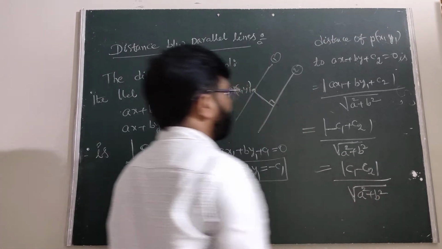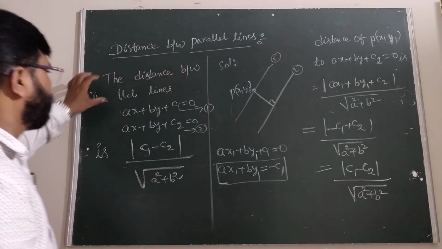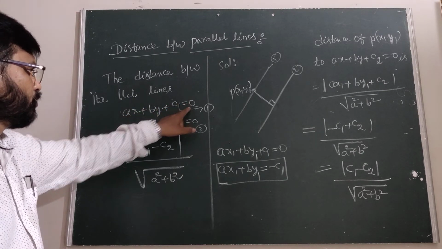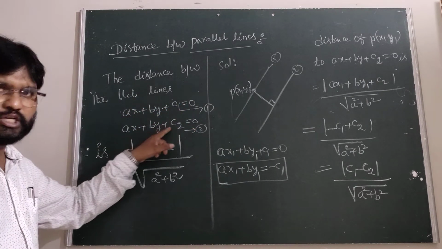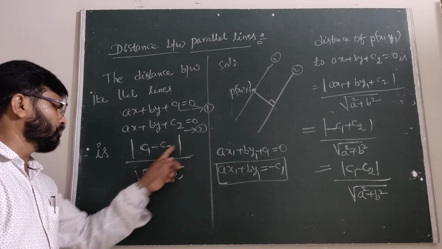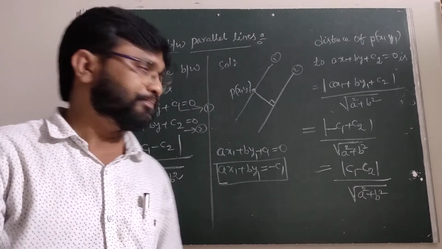This is the distance between two parallel lines ax + by + c1 = 0 and ax + by + c2 = 0: modulus of c1 minus c2 upon root of a square plus b square. Okay.